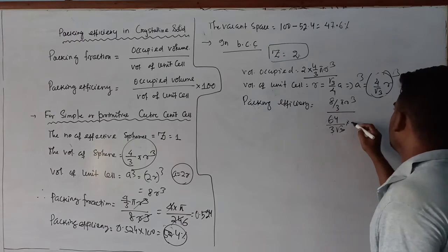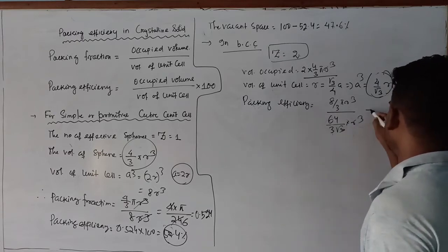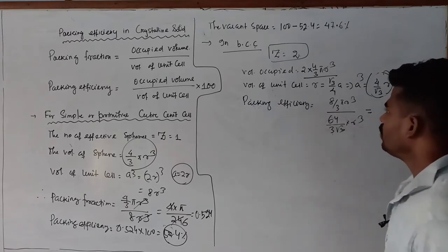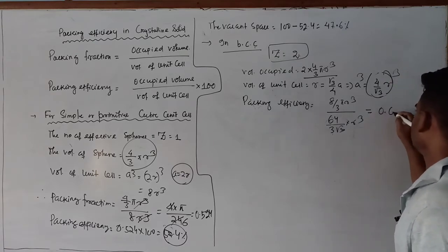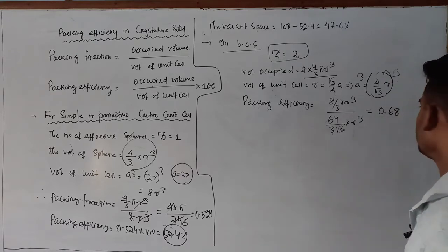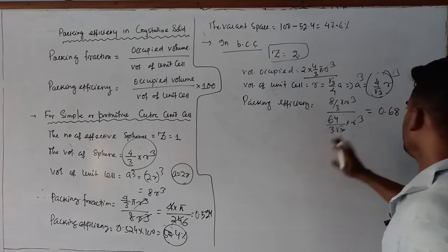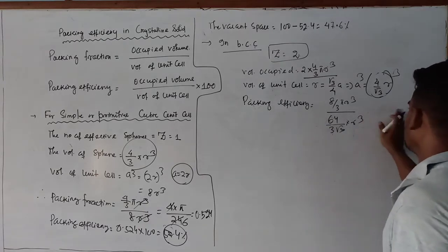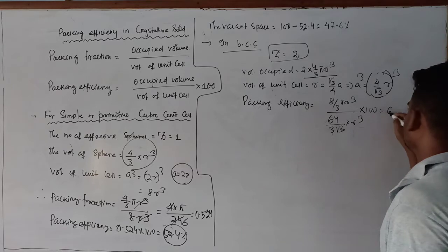So that will be its value, that will be 0.68. Is that clear? So as I have written over here, packing efficiency, I have to multiply 100 over here, that will be 68%.